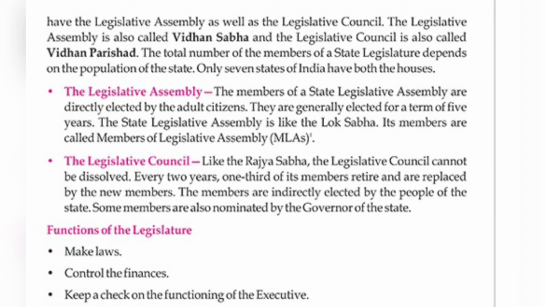The legislative assembly is also called Vidhan Sabha, and the legislative council is called Vidhan Parishad. The total number of members of the state legislature depends on the population of the state.